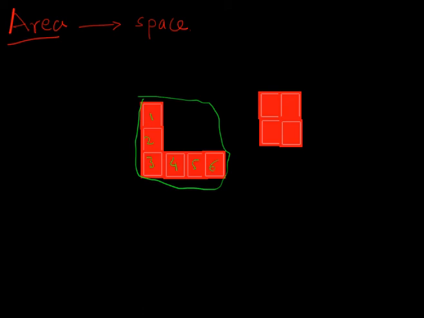The object is made up of 6 squares, all equal squares. So I can assume that this one square is 1 unit. If this is of length 1 unit and breadth 1 unit, in that case I call this a 1 square unit.